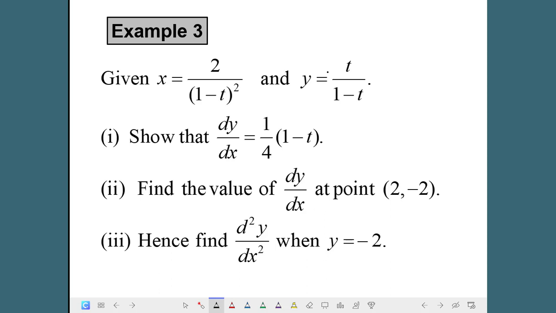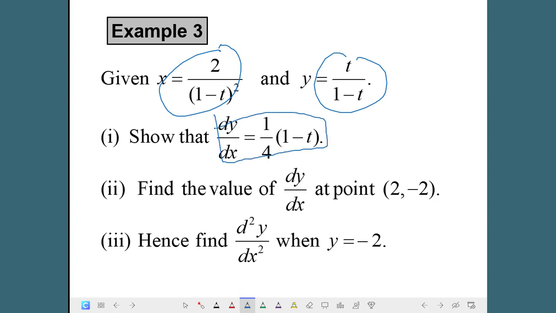So for example 3, given x equals this and y also equals this, show that dy/dx is equal to this, and find the value of dy/dx at the point. This is x, this is y.